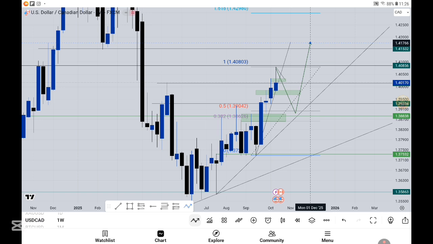That's if this fib retracement holds on the weekly time frame. So guys, that is what we are expecting from the weekly time frame.